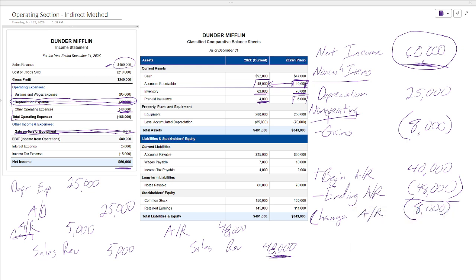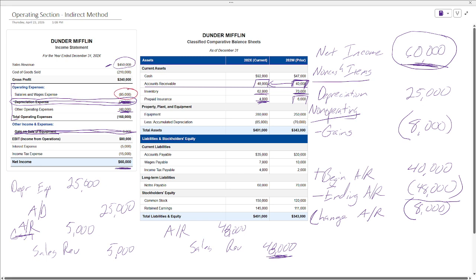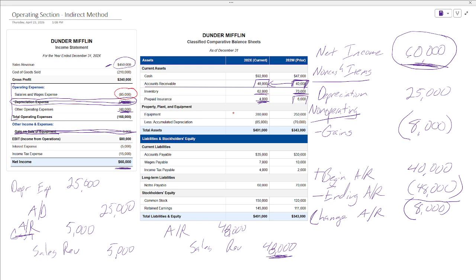All right, let's look at some of those other expenses. For example, salaries and wages expense. This 95,000. So right there, 95,000. And we'd say, does that mean we paid our employees $95,000 in cash? And we can say that's mostly true, but not all the way true.